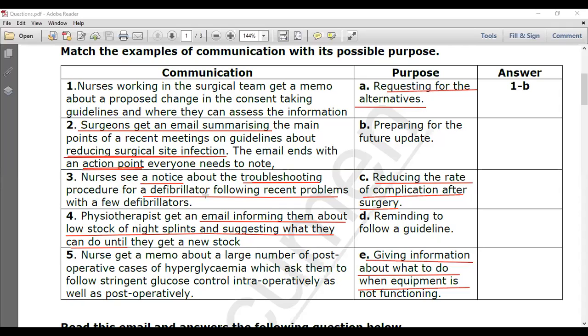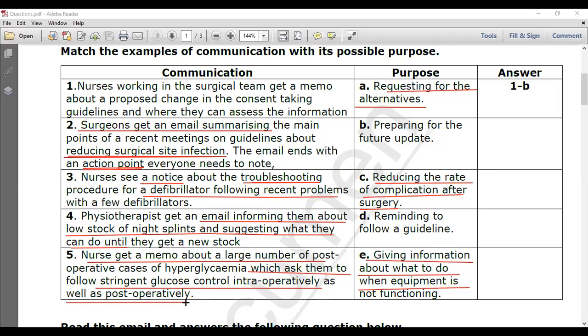True. And fifth one, nurse get a memo about a large number of post-operative cases. And then it says here that the memo is asking them to follow stringent glucose control. So again, it is not introducing a new action plan or a new guideline, but it is a memo.